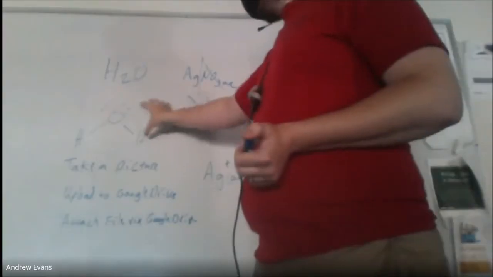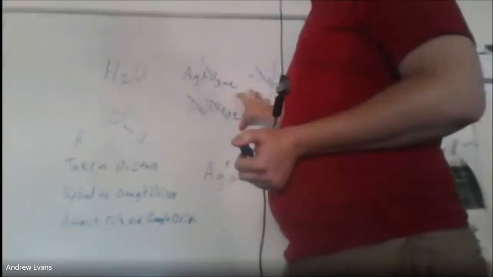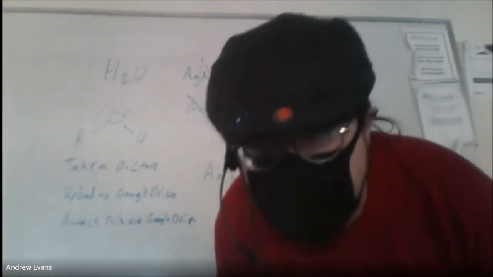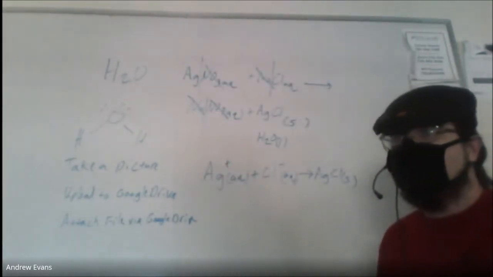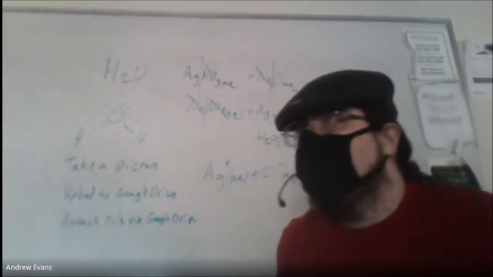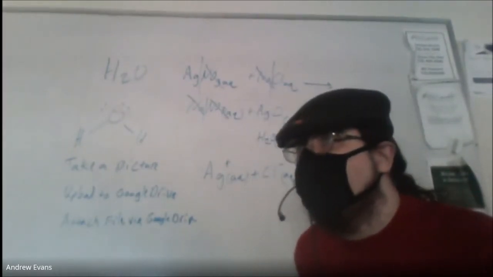But I'm just showing you an example. There's going to be 4 questions like that, whether it's acid base or net ionic equation, or acid base or precipitation, the same general thing. You write a net ionic equation for that.